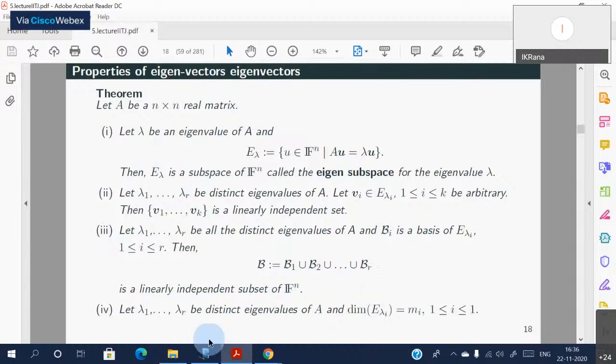So let us write that for lambda 1 to lambda r distinct eigenvalues, the dimension of the eigen subspace, that is the null space of A minus lambda I, be equal to mi.